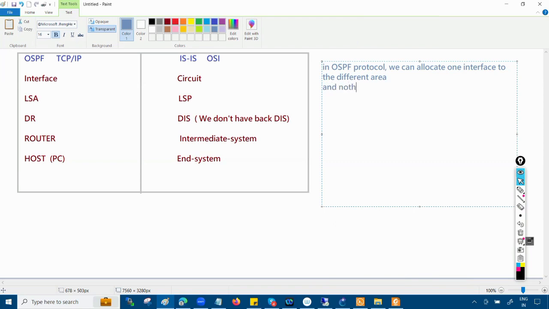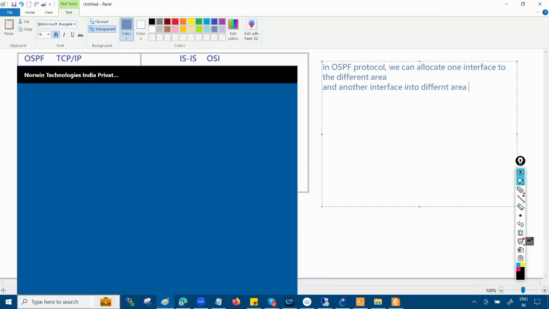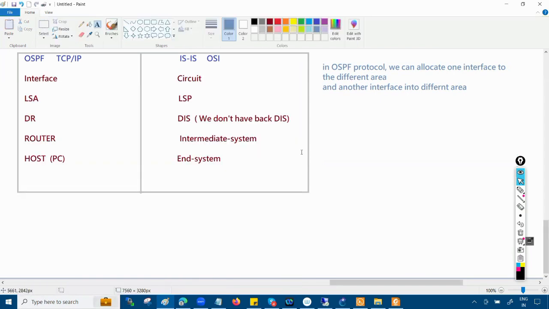And another interface into a different area. But again, this statement could be wrong. If you remember the last class, we saw that multi-area concept, right? Multi-area, yeah. In that one, we allocated one interface as a part of two areas, right? So forget that one. I'm not going to ignore that RFC.